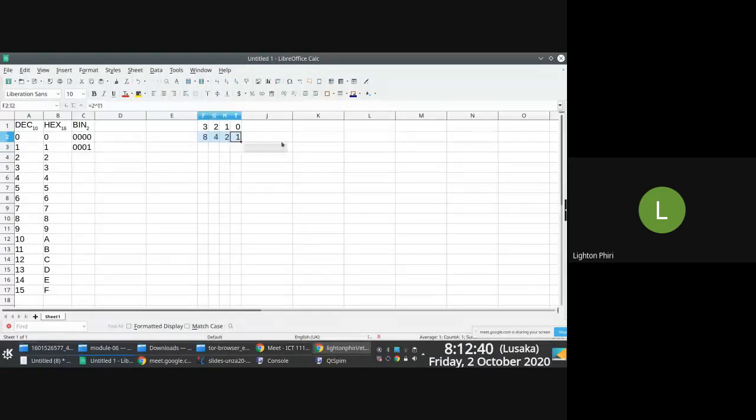For us to get 1, we know that we need to have a 1 here at the end, because 2 to power 0 is going to be 1.